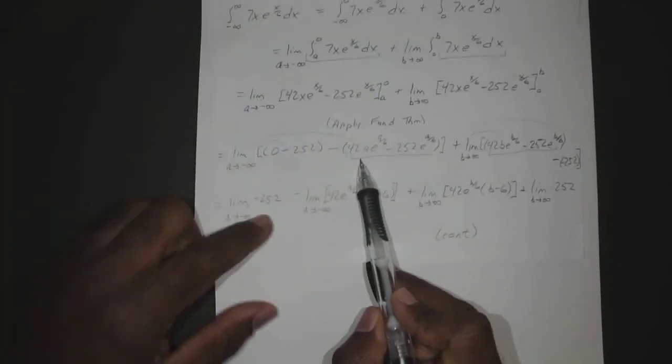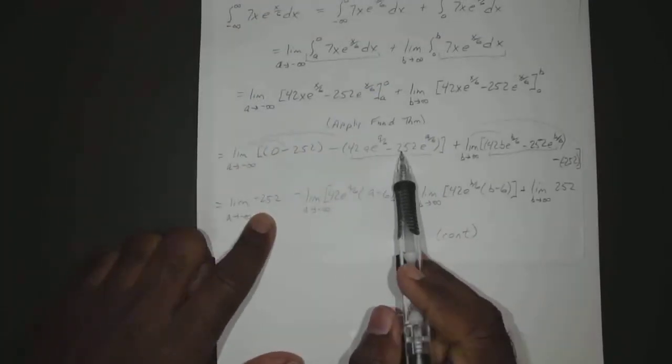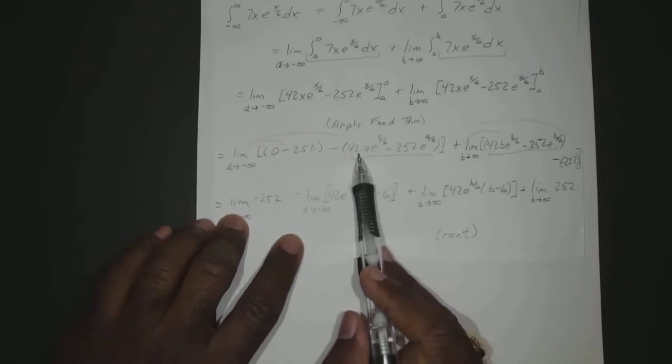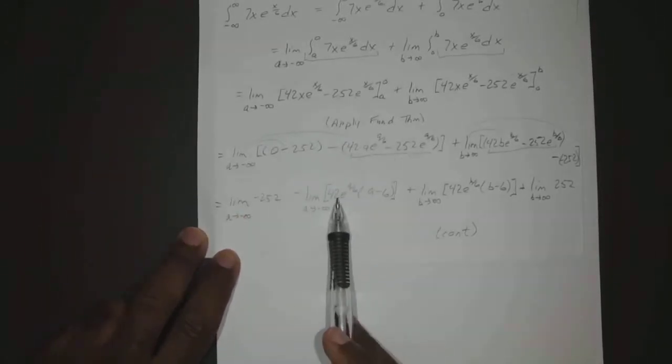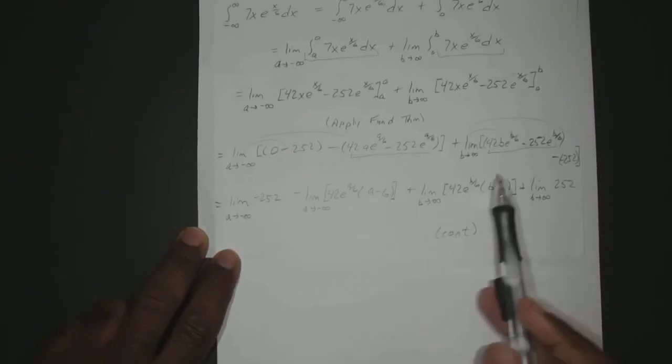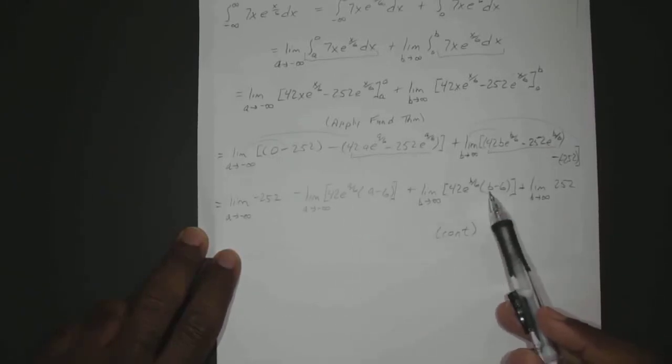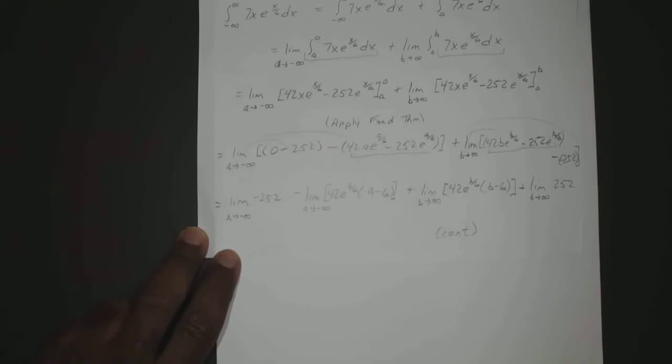Oh, from this step here, just before we applied the fundamental theorem. If you notice, we factored out a 42 e to the a over 6 here, and that gave us the a minus 6. We did the same thing here, but with b. Does that make sense? Okay.